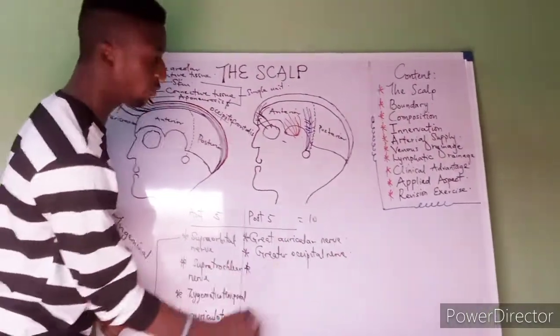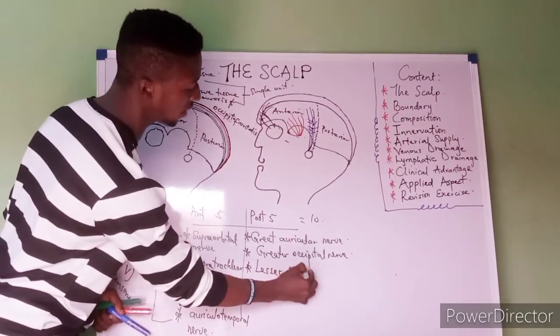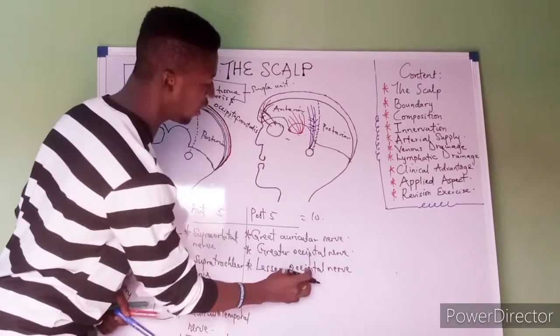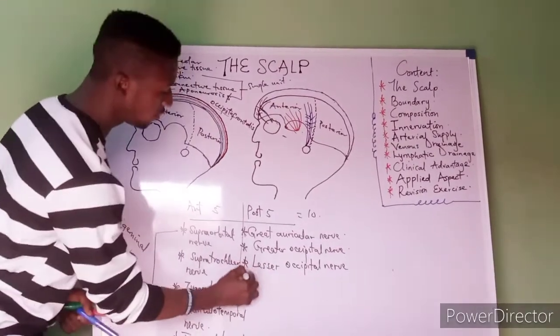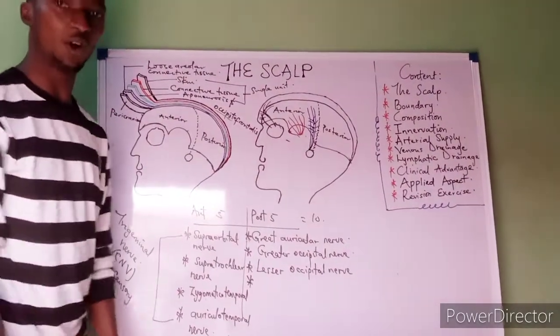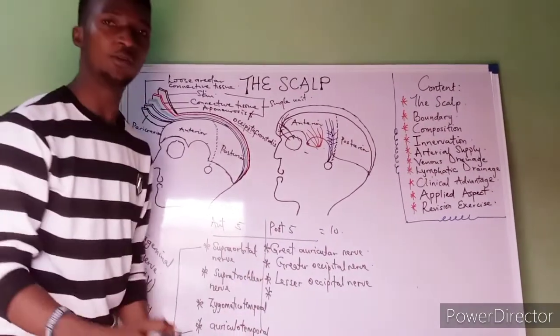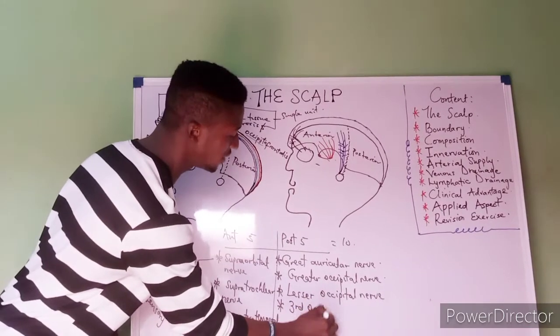If you have greater, what do you have? Lesser occipital nerve. And the third one will be called what? Since we have this to be greater and this is lesser, we can simply call it the third occipital nerve.